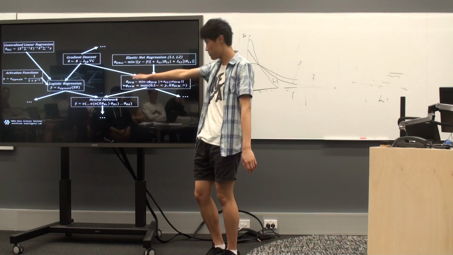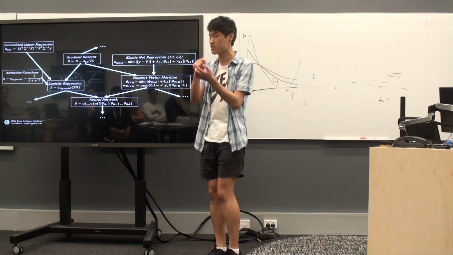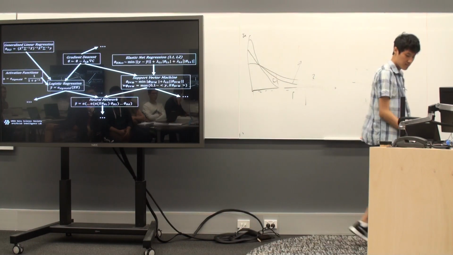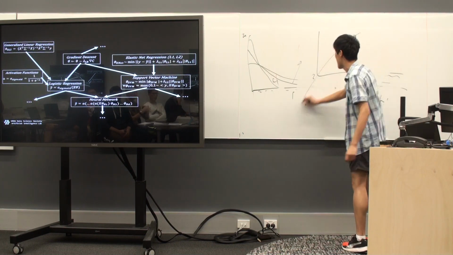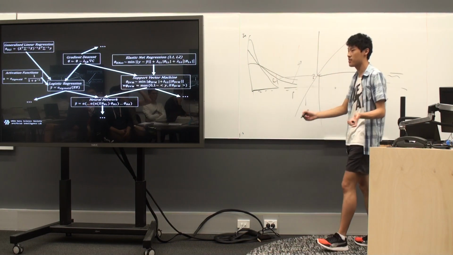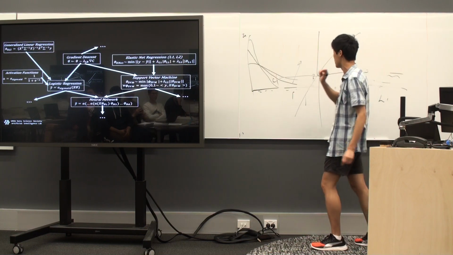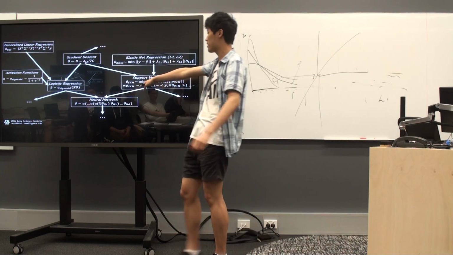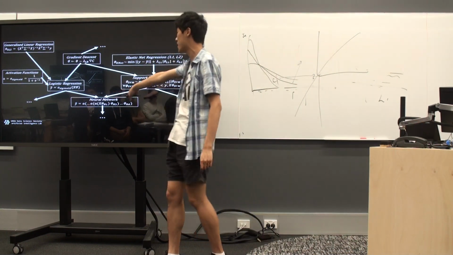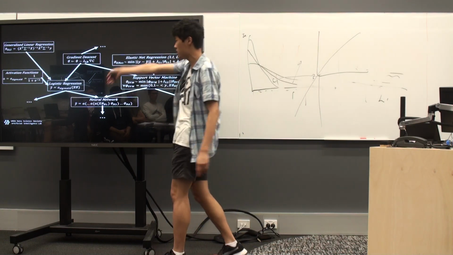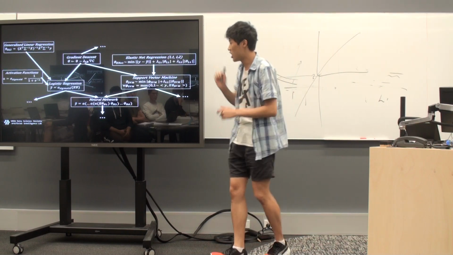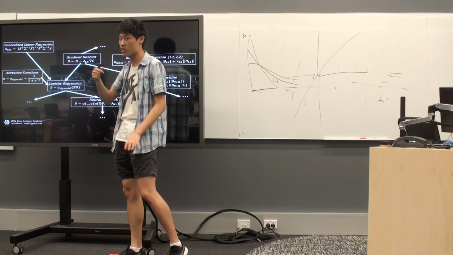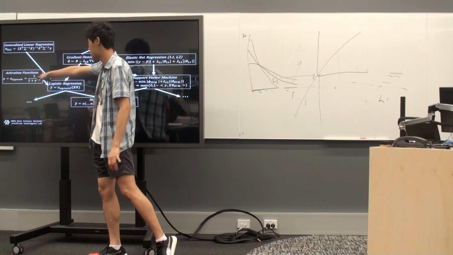The activation function is linear, so a linear activation function is just a straight line: all negative values are negative, all positive values are positive. So a linear regression is a neural network with 0 layers and a linear activation function. A logistic regression is a linear regression, however the activation function is a sigmoid.